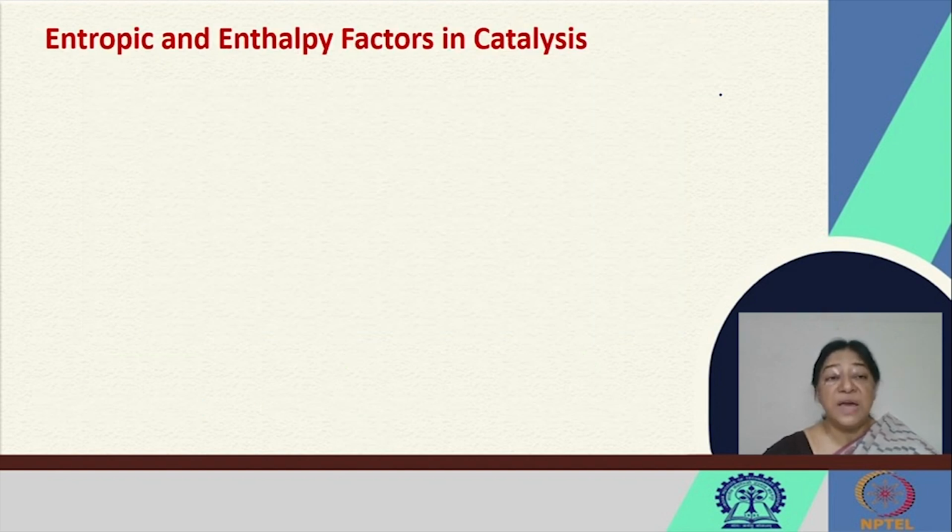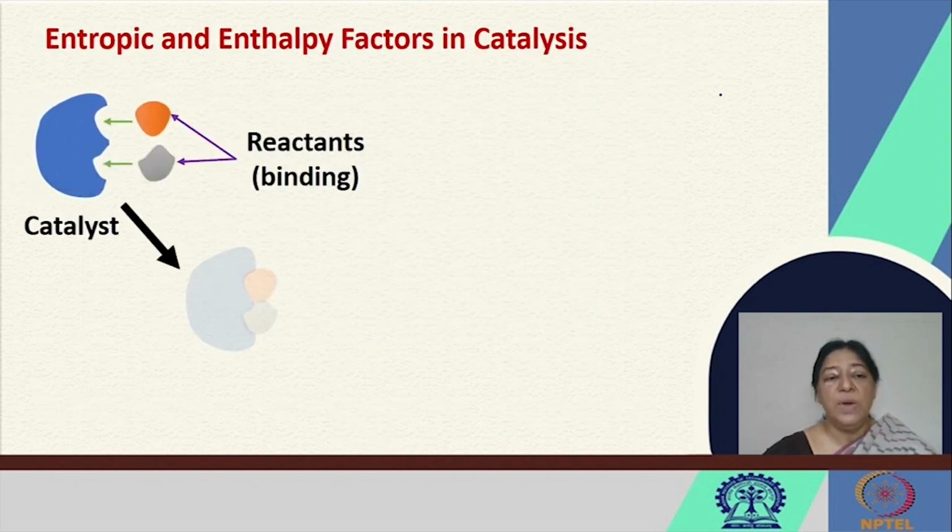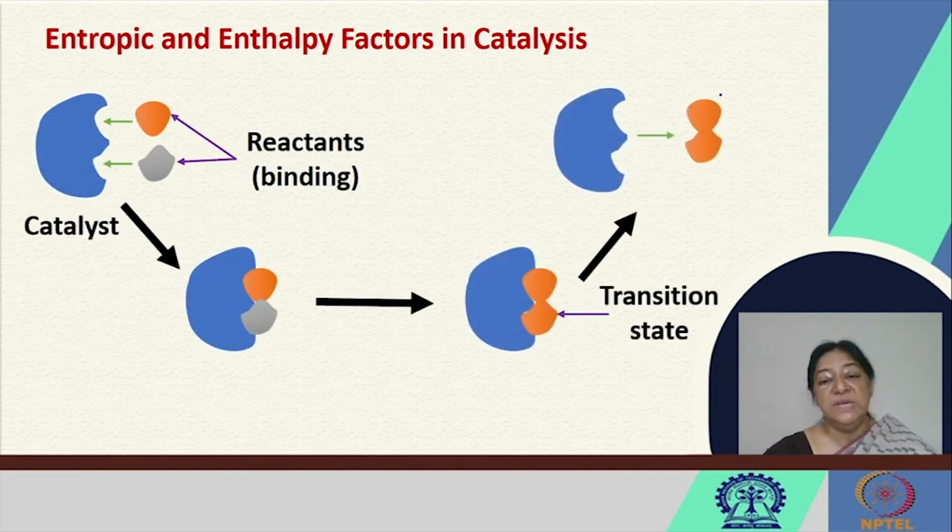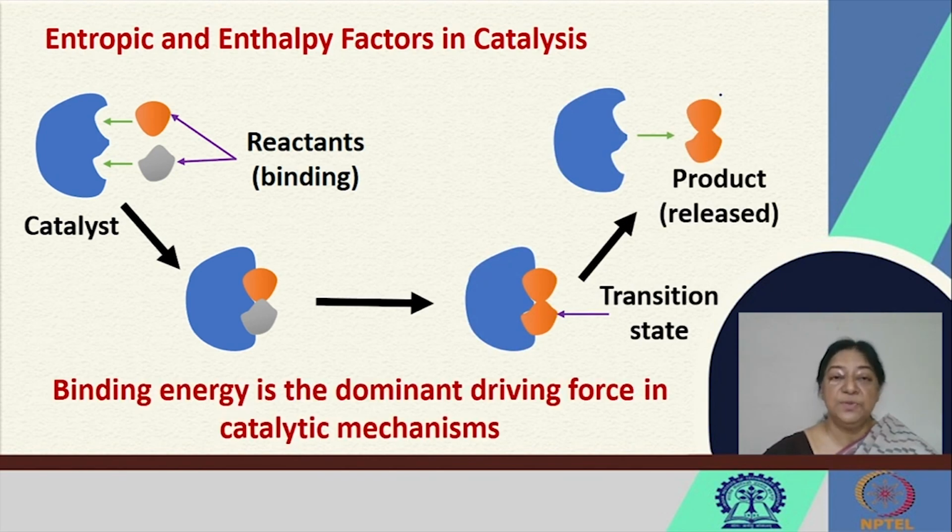Another important factor was the entropic and enthalpic factors in catalysis, where we had the reactants binding, the catalyst being the enzyme, the formation of the transition state, and the release of the product. So the binding energy associated with the recognition process is the dominant driving force in these catalytic mechanisms.